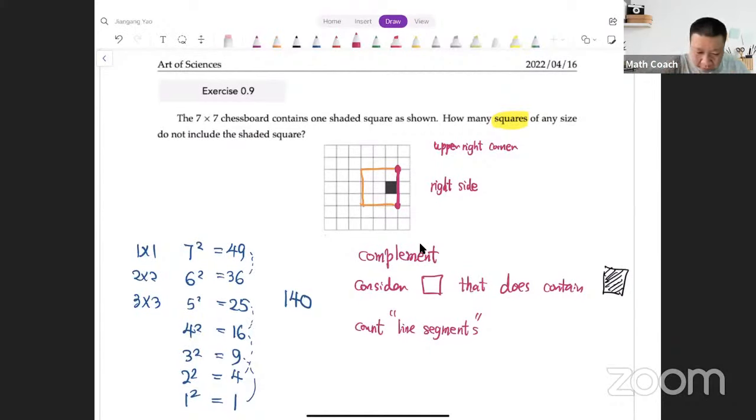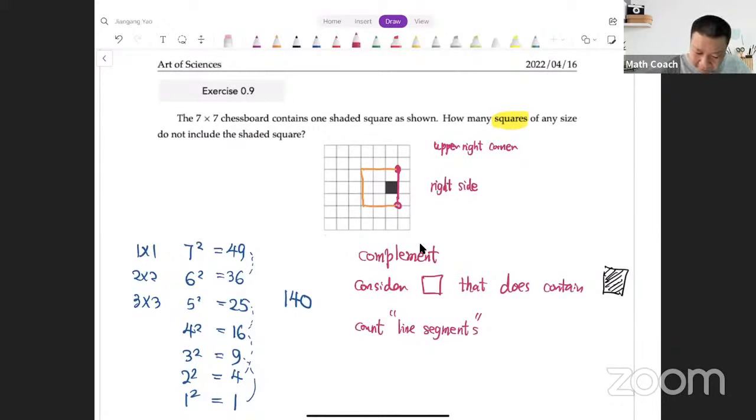Then it means, so I will draw the line segment in that way. The top vertex has to be really on the top, and the bottom vertex has to be really on the bottom.